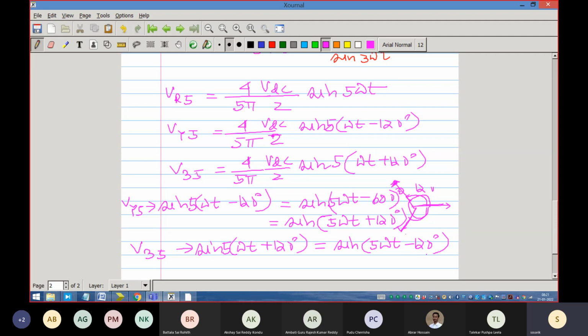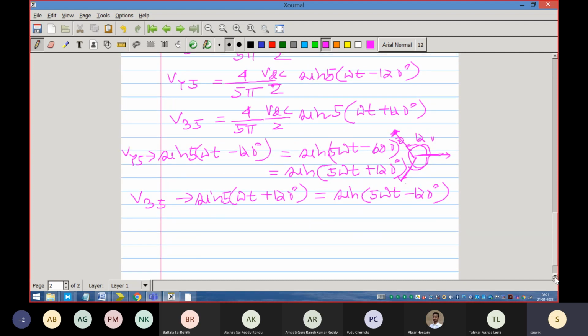So this way they have interchanged the phase sequence. The phase sequence is now R5, B5, Y5.